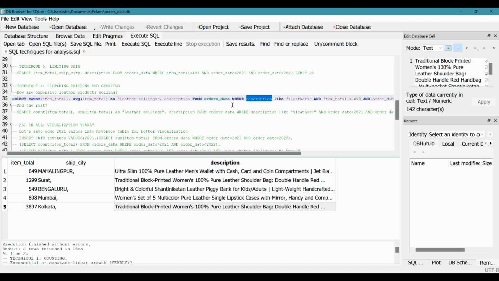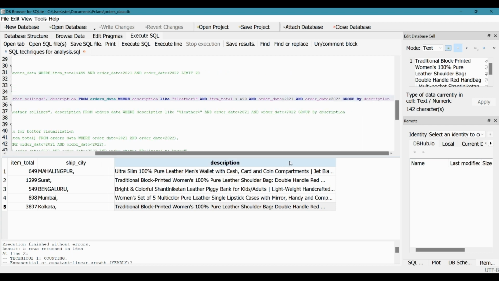If I guess that leather is selling good, and that it probably is expensive orders, more than 499, then I can run a count of the item total, a count of product orders. Then I can take the average of the sellings for that product, and I can group them by the product description.